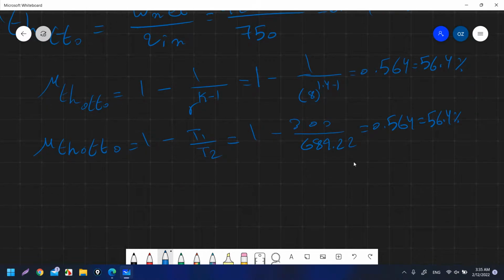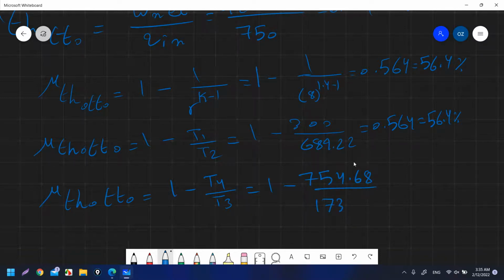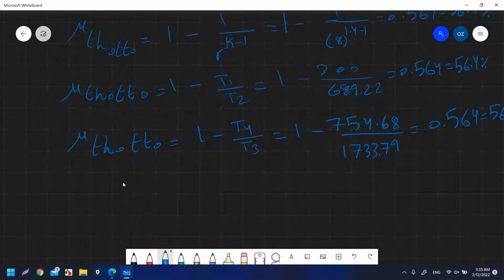And finally, for the Otto cycle, 1 minus T4 over T3, 1 minus 754.68 over 1733.79 will also equal the same number, 0.564, 56.4%.